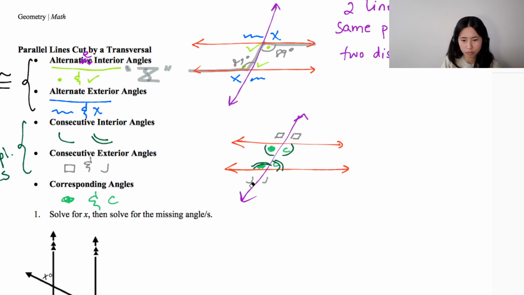Okay, we need to draw another one because I think this is confusing if we have so many variables inside. So we talked about consecutive exterior angles and interior angles. Maybe we can split the corresponding angles into a different one.